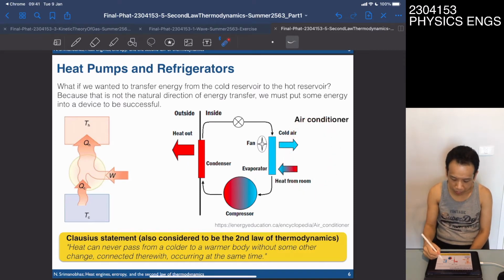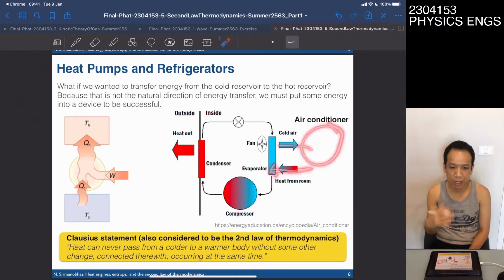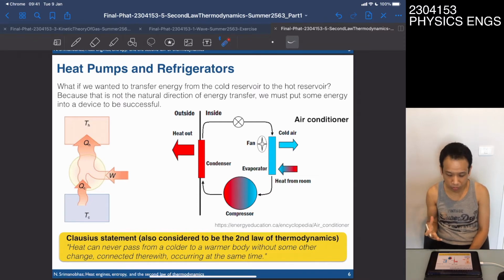The heat from the room is coming, and you transfer this heat outside, and then it goes back this way. When you take the heat out from the cold side, this side has less heat, so the air becomes cold. So this is how the air conditioning works.